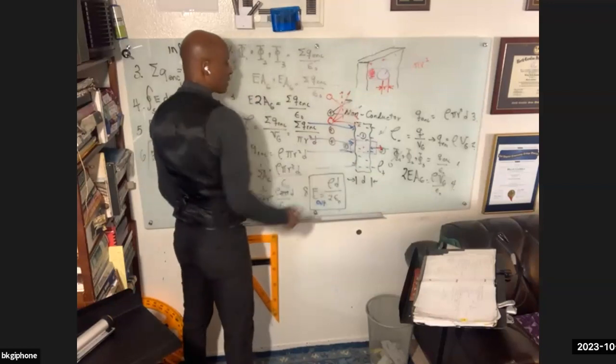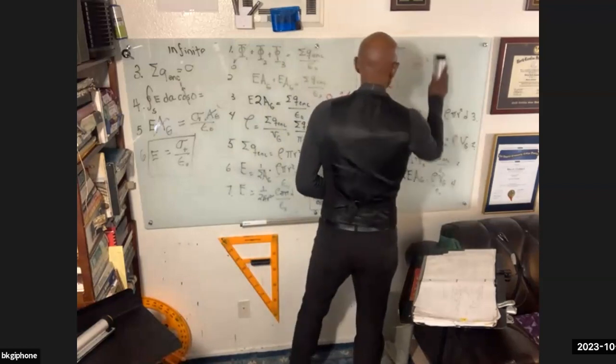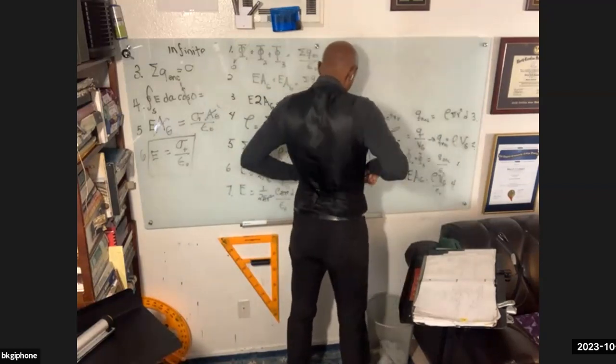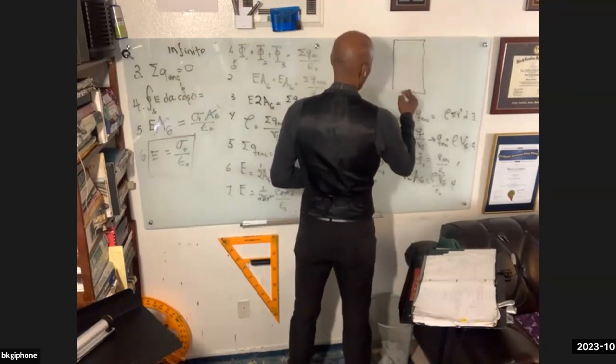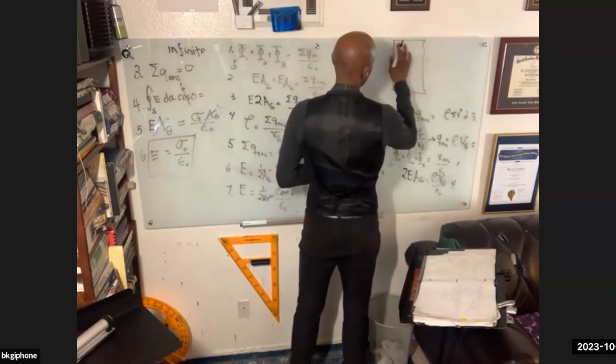What about on the inside? So let's come over here. Take a look again. Blow it up and make it pretty large. We've got these charges distributed over the thing.